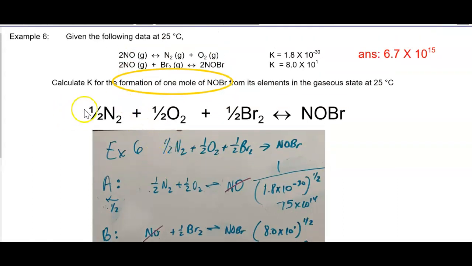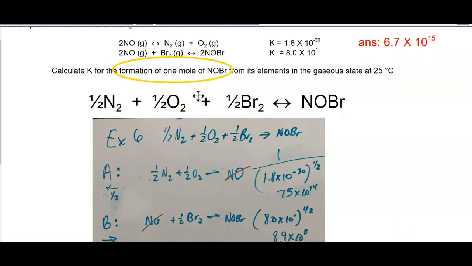So for A, what do I see in A that I see in my unknown? In A, I have N2. So to get N2 in the proper side, I'm going to have to reverse it. And in A, I have 1. This is A and this is B. I have 1 N2, so I have to multiply through by a half. And in B, what can I focus on in B? Br2, perhaps.